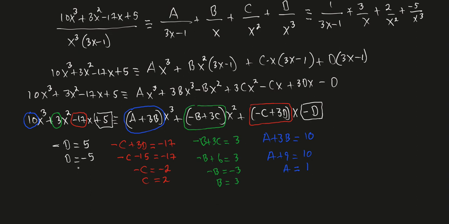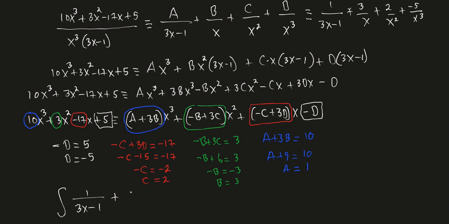There's a lot of work that goes into the partial fraction decomposition, but that's not the end of it. We do have to do an integral. So we have to integrate 1 over 3x minus 1. That's going to be an ln, but we're going to have to be careful how we handle that coefficient of 3.